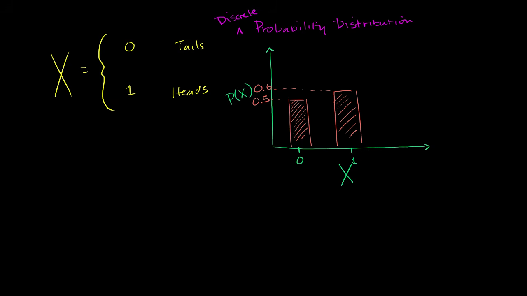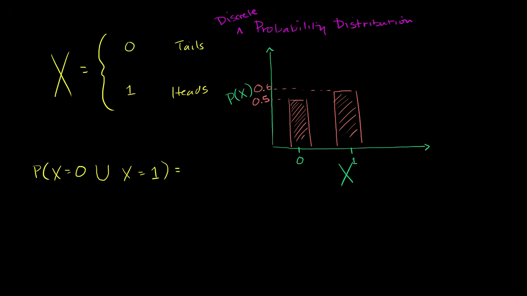Well, let's think about the probability of getting any one of these outcomes. So let's think about the probability that our random variable is equal to 0, or we're doing a union here, not an and, or the probability that our random variable is equal to 1. These are all of the possible outcomes. We're essentially saying, what's the probability that we get one of the possible outcomes for our random variable?